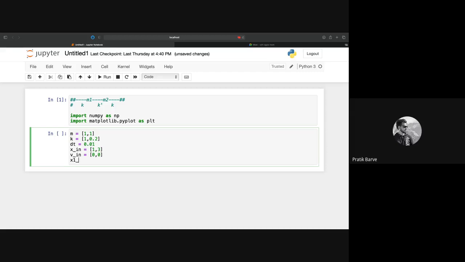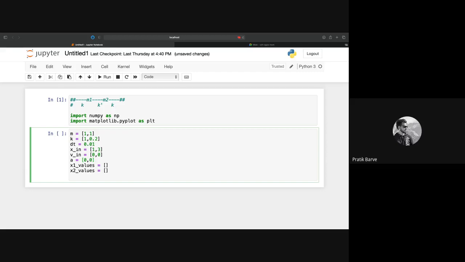So let's say x1 values, and our displacement for mass 2. And then let's proceed. Oh yeah, before that, we haven't made an empty list for our acceleration. We'll have two acceleration values for m1, m2.